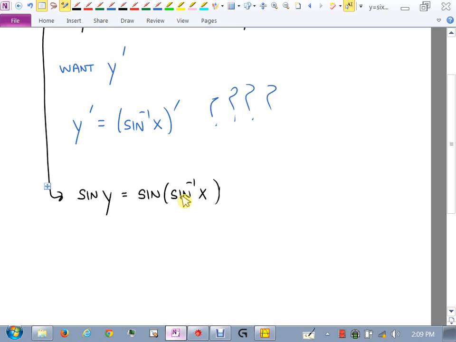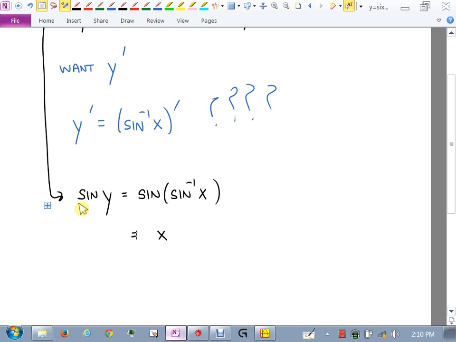If I put these two together, and it doesn't matter how I do it, if I take this square root and put x squared in it, I get x. Or if I square the square root of x, I get x. Either way, when you compose two inverse functions, they wipe each other out. Which is why I'm doing this, because it's going to wipe out the right side and just give me x.